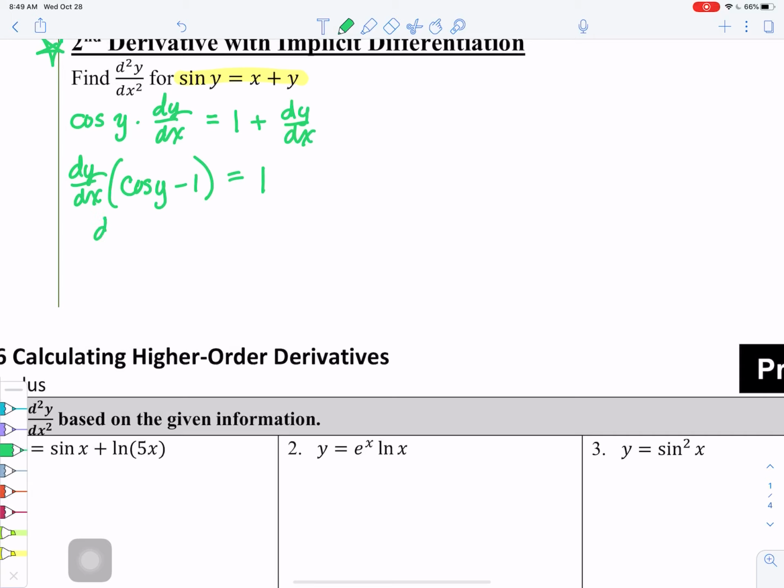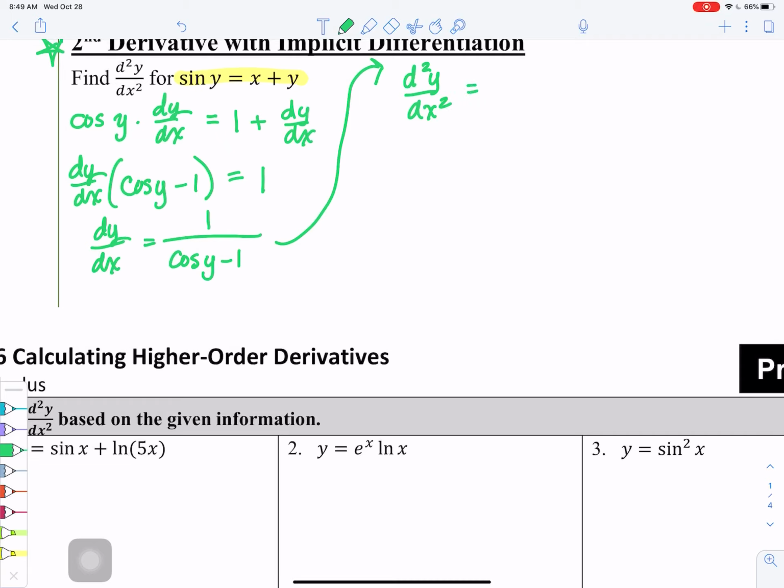Now for dy/dx, we'll divide both sides by the cosine of y minus 1. So we're all set up for the quotient rule. And we now have the second derivative of y with respect to x is equal to the cosine of y minus 1 all squared.